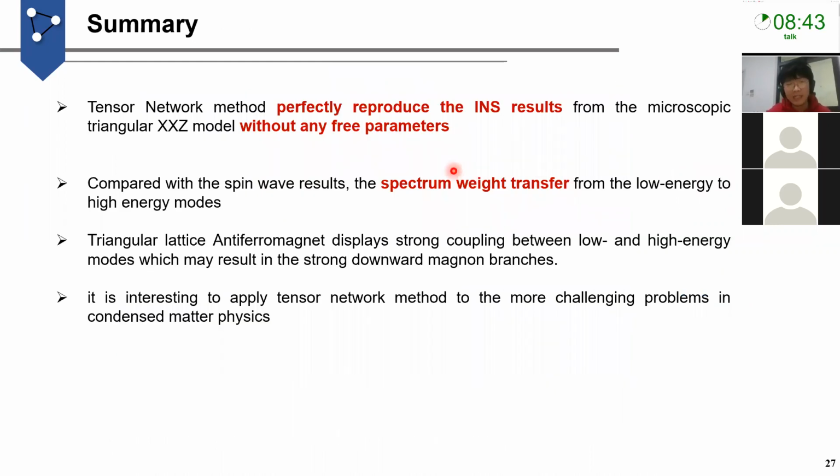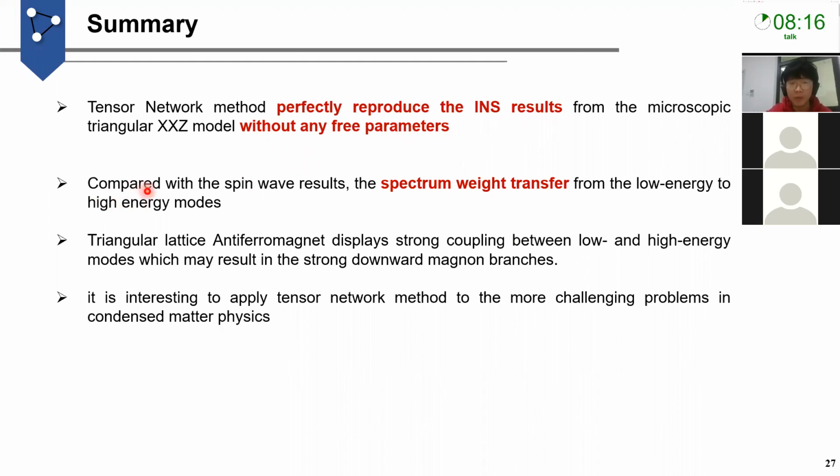Okay, in summary, the tensor network method can perfectly reproduce the inelastic neutron scattering results from a triangular lattice XXZ model with a little in-plane anisotropy without any free parameters. We don't need to make perturbations or approximations, and the real parameters can be directly compared with the experiment.